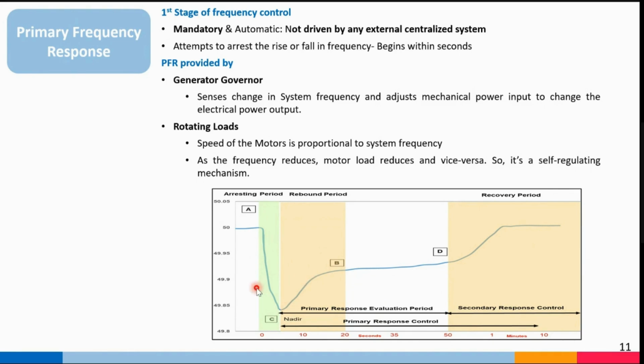That's why the frequency starts recovering. In the time domain, this has to kick in within 10 seconds, and then within 20 to 35 seconds, up to 50 seconds, they are responding. Primary response control is there up to 4 to 5 minutes. So from seconds to some minutes, the primary response will be there from these units.